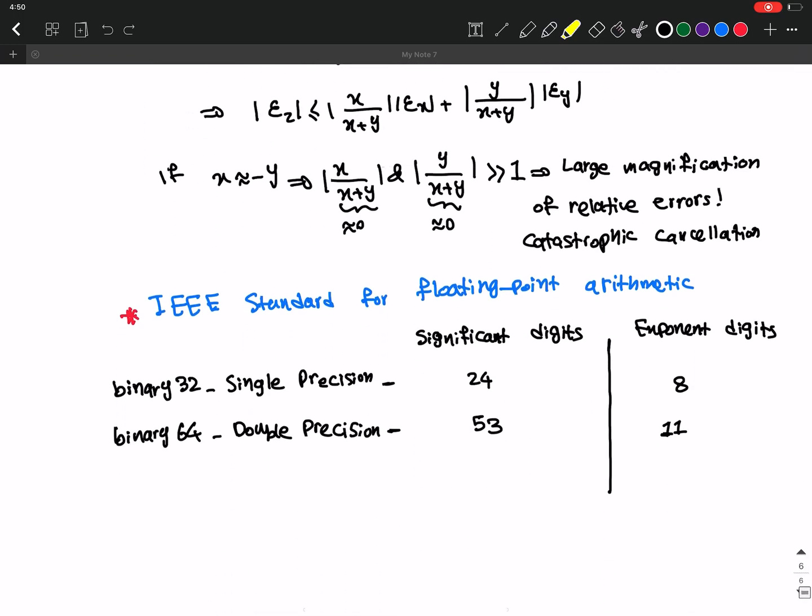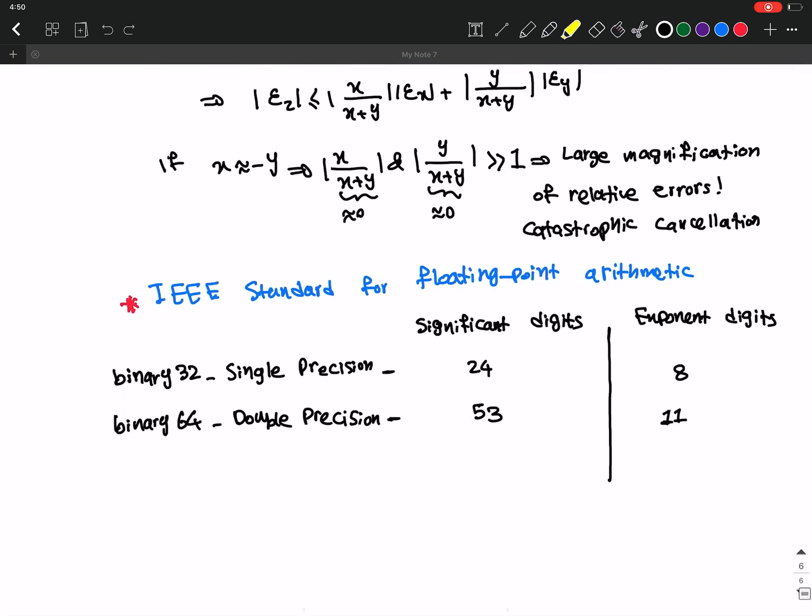And then we introduced single precision and double precision binary systems for floating point arithmetic. Okay, so in the next lecture, we are going to talk a bit more about truncation errors and start going through the numerical solution or finite difference for partial differential equations.